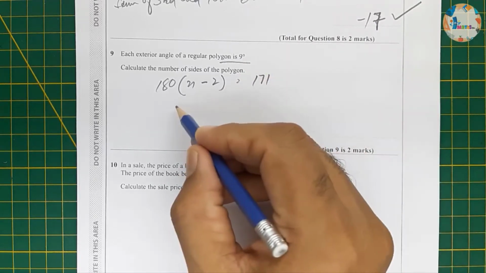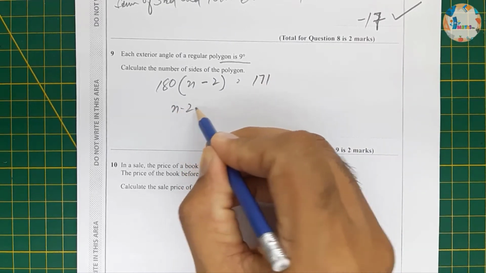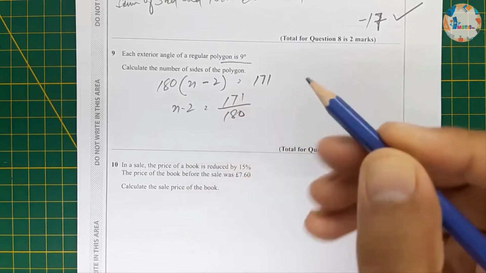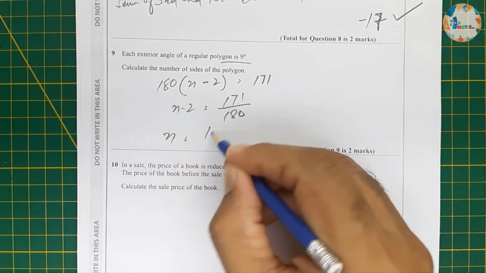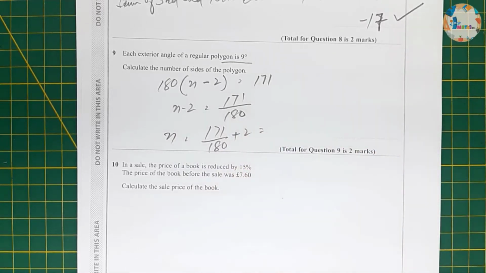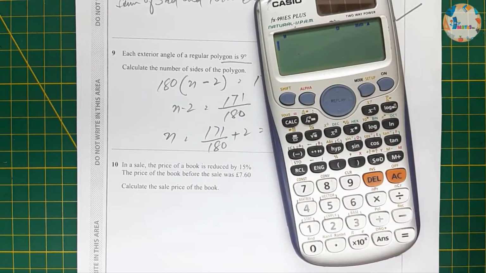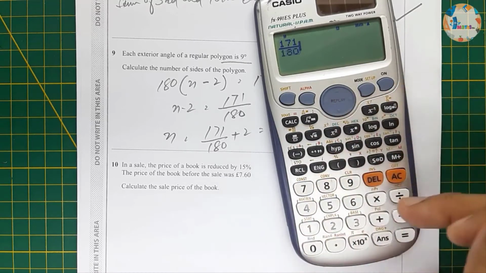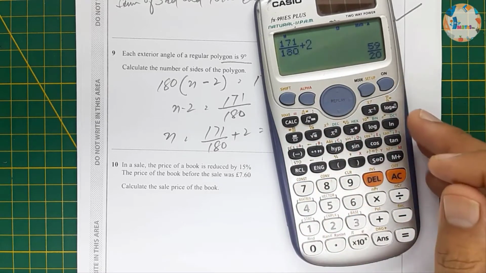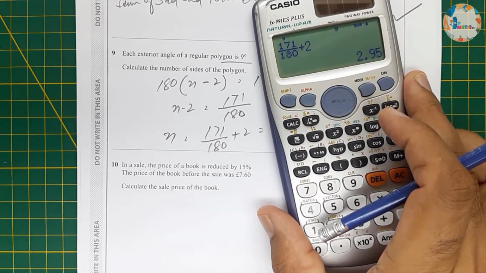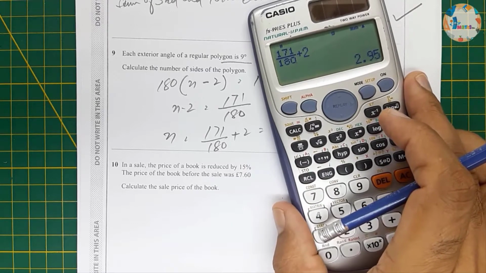So n will be equal to what? n minus 2 will be equal to 171 over 180, and n will be equal to 171 over 180 plus 2, and we can solve this. So 171 over 180 plus 2 will be equal to 2.95. Basically we are making a mistake.